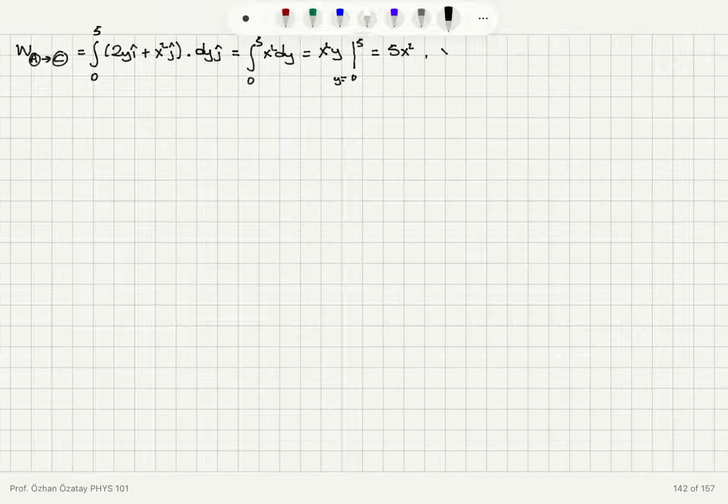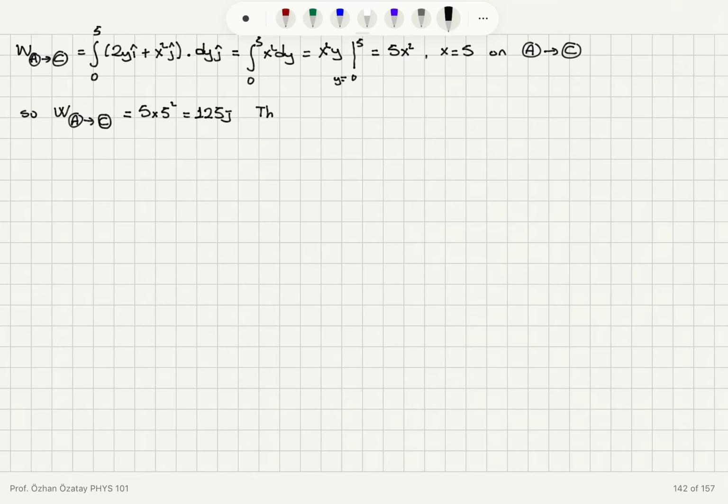Now, along this path, x is equal to 5 on the path from A to C. So we find that the work done in going from point A to point C along the purple path is basically 5x squared, 5 times 5 squared, which is 125 joules.